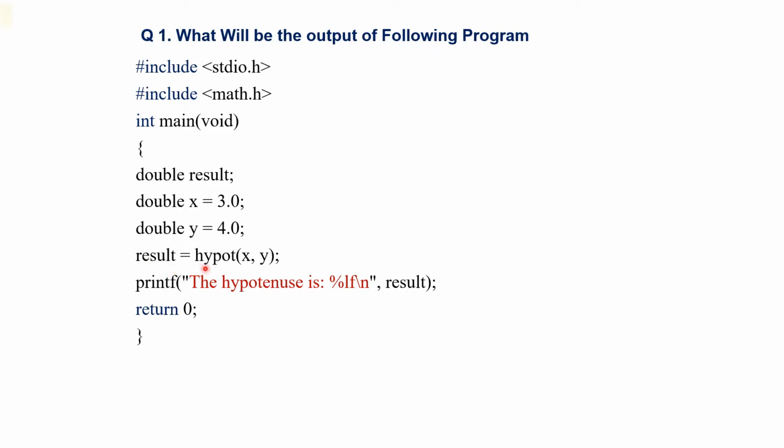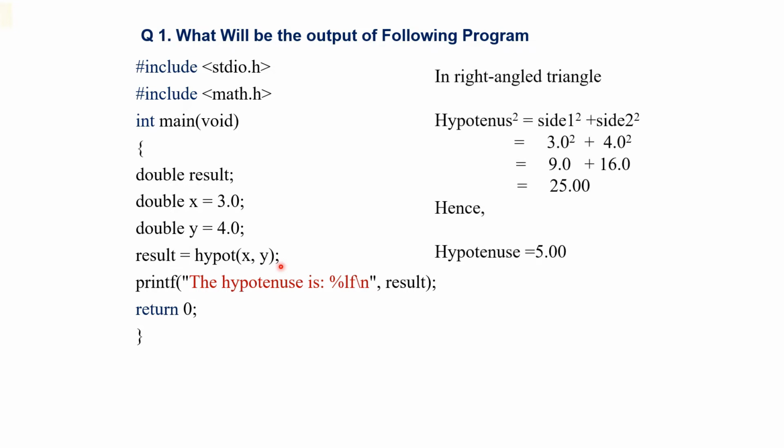Let us see what will be the output of this function. We know that in a right angle triangle, hypotenuse square equals side 1 square plus side 2 square. Here two sides are given, x equals 3.0 and y equals 4.0. Therefore hypotenuse square equals 3 square plus 4 square, which is 9 plus 16, equal to 25.